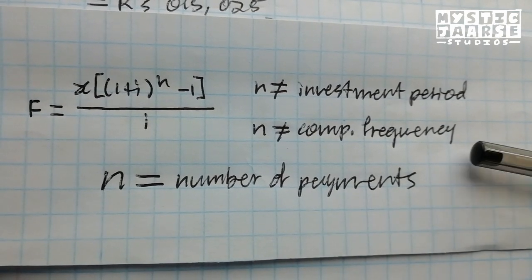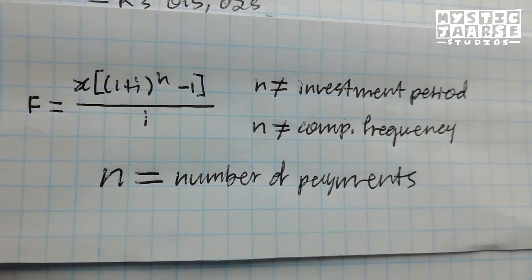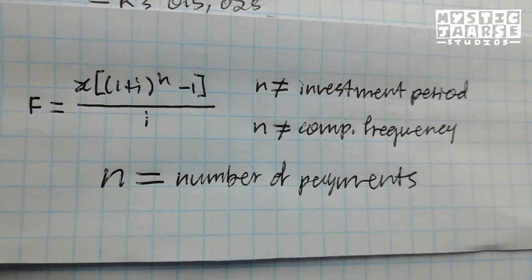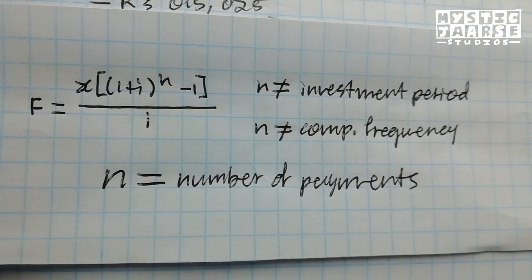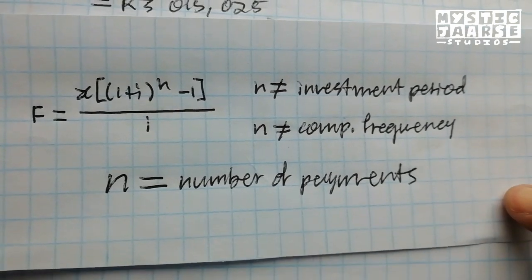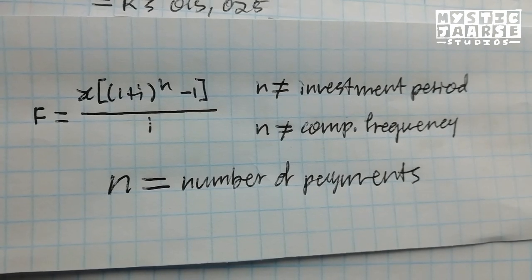So our compounding frequency can be monthly, and you would expect that n will be 12 months, but then n is number of payments made. So interest rate can be a certain percentage compounded monthly, but then the person who's making these regular payments won't necessarily make 12 payments. You get what I'm saying?